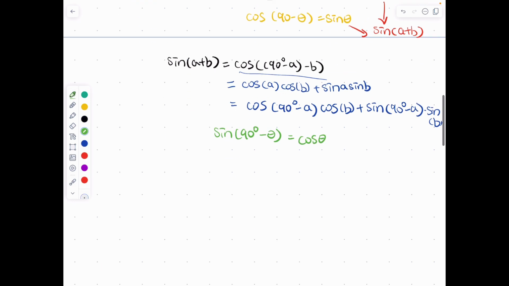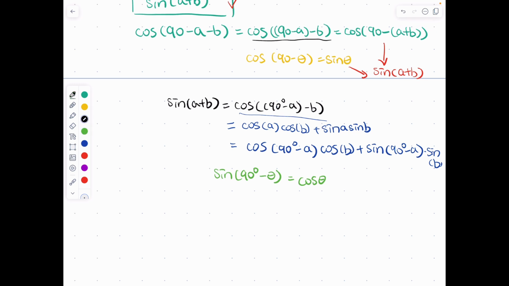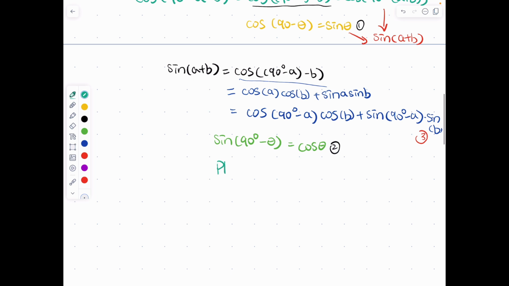So now we can substitute. Let's mark this as 1, this as 2, and this as 3. So we plug in 1 and 2 into 3.